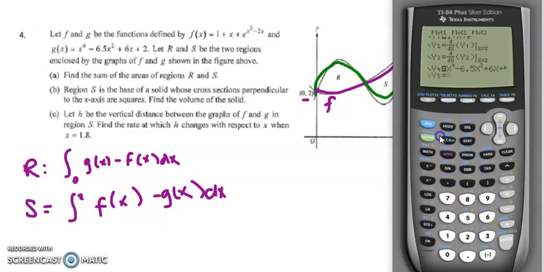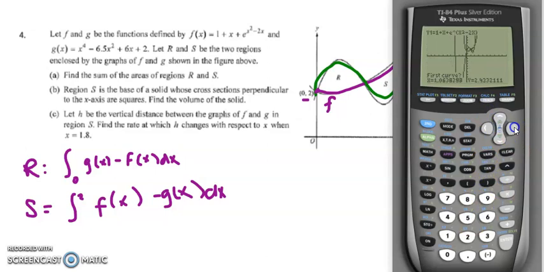And then I'm going to have to first get the intersection point. So let's do a zoom 6 here and see what we see. It's going to be a little bit off from what we see in the graph because the window is different, but it ought to show us that intersection point fairly easily. So I see my intersection point right there. I'm going to go to second calc, choice 5 is intersect.